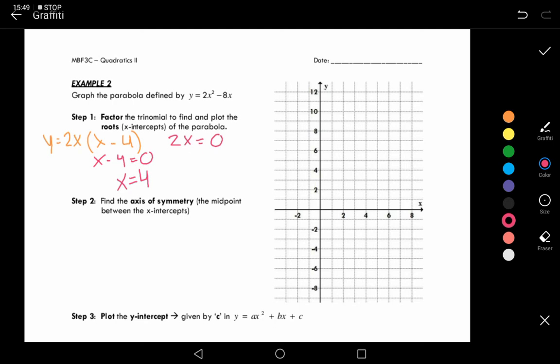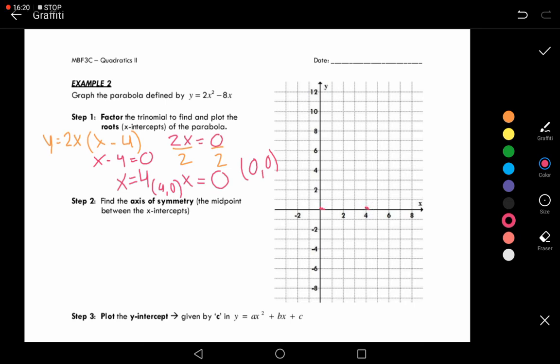Here, to get rid of my 2 in front of my x, I need to do the opposite operation, which would be dividing, right? So I'm going to divide by 2. 0 divided by anything is just simply 0. Okay, so I found that my 2 points here are going to be 0, 0, and 4, 0. Okay, so I'm going to plot those points, 0, 0, and 4, 0.